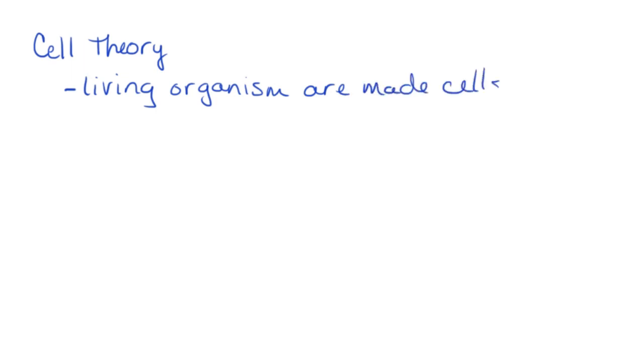One of the foundational theories of biology is the cell theory. What the cell theory says is that living organisms, first of all, are composed of cells. Another way to say that is that the cells are the basic unit of life.